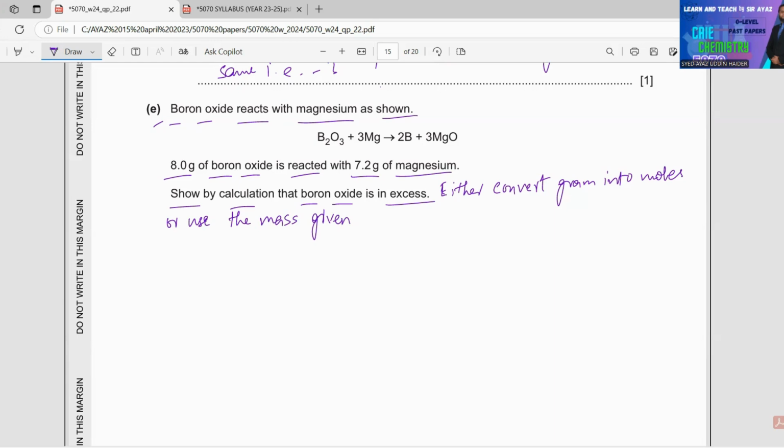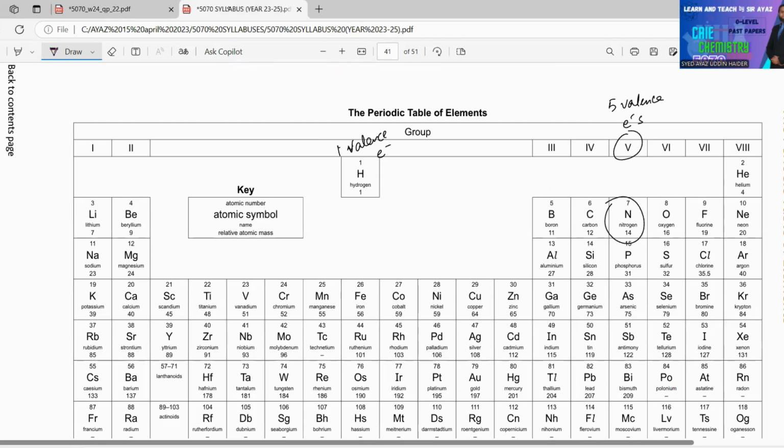Now for the moles, if I want to find moles of B2O3, I need to divide 8 by the MR of B2O3. Here B has an AR of 11, oxygen 16.